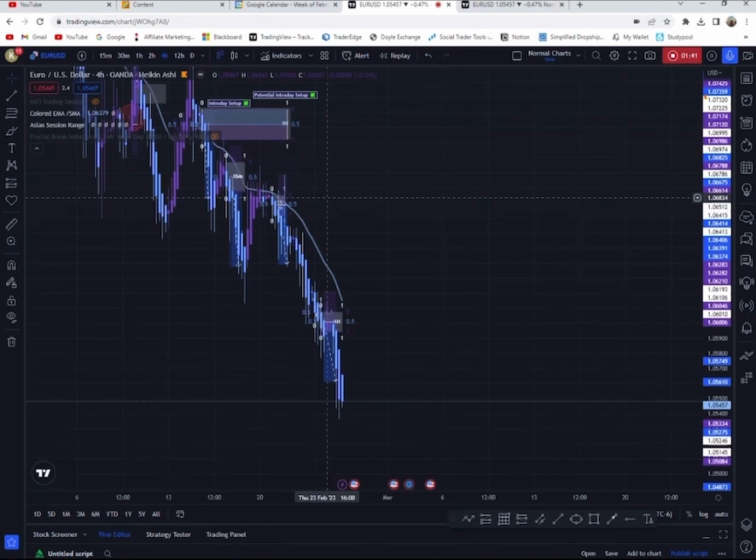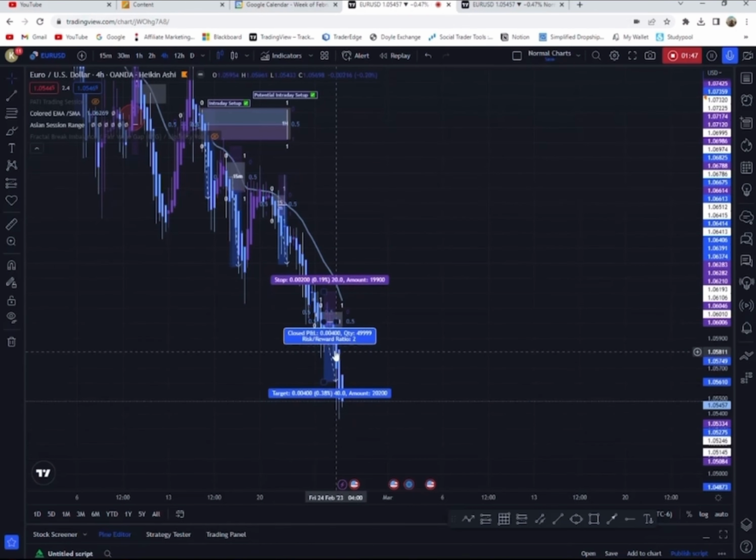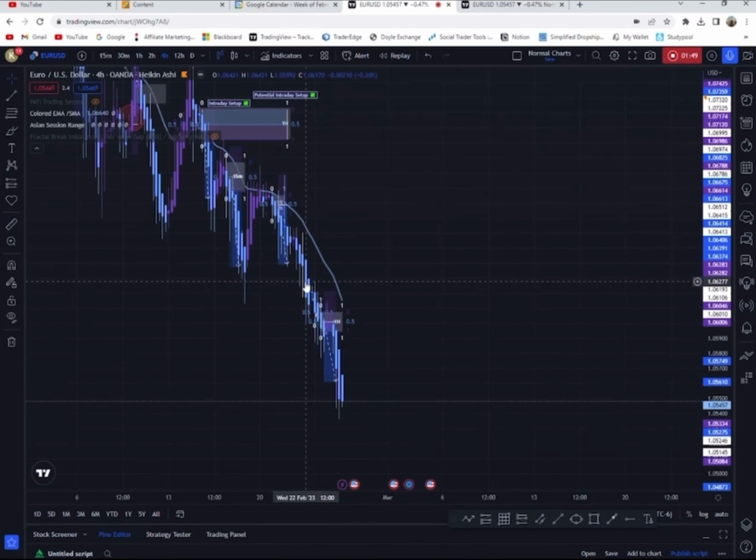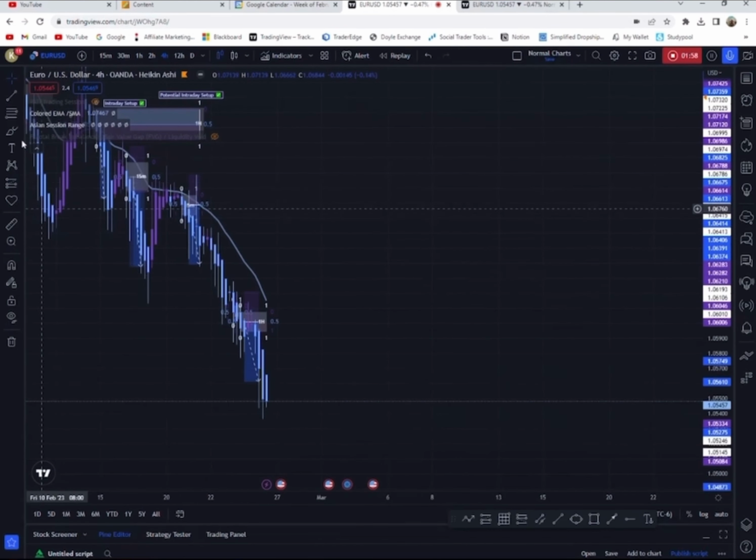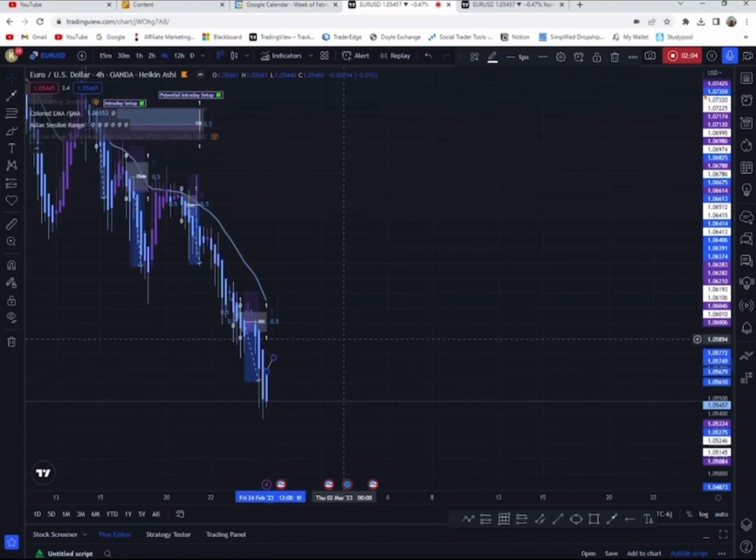But EURUSD is bearish, right? We're making lower lows. As you see right here, we have a break of structure right there. So for next week, we're looking bearish. One confluence of my strategy is if the Heikin Ashi candlesticks have a flat bottom or a flat top candle.